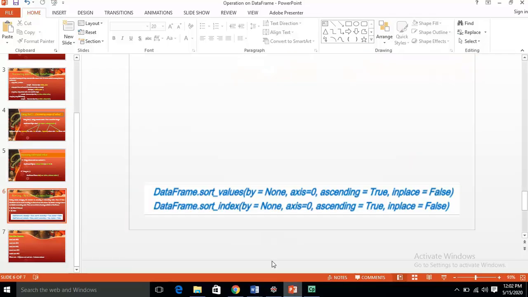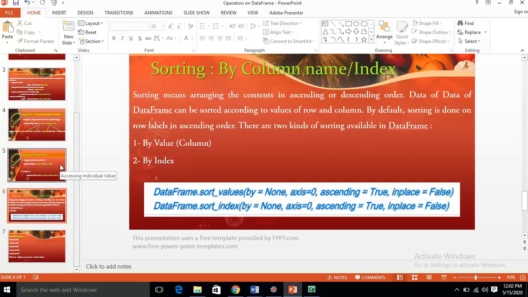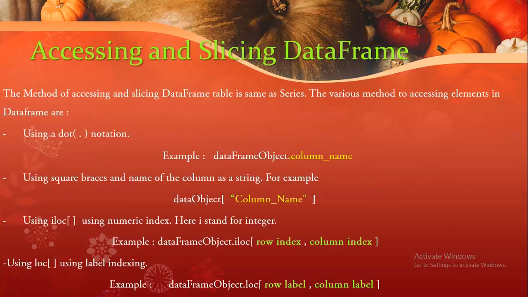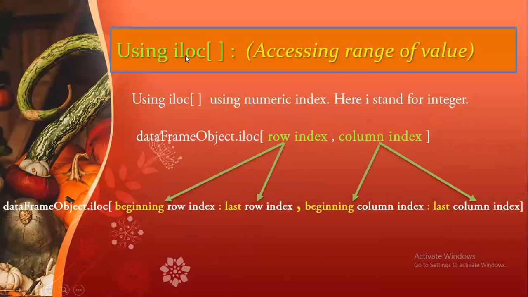Then my dear student, in this video lecture, what you have learned is how to access an individual item of a data frame, and how you can access a range or subset of data items in a data frame. You have used the iloc function, which takes row index and then column index.